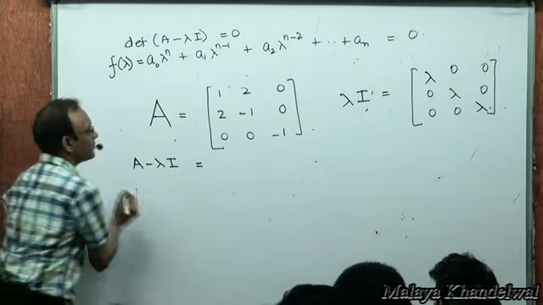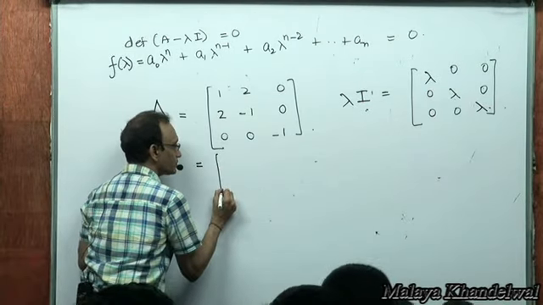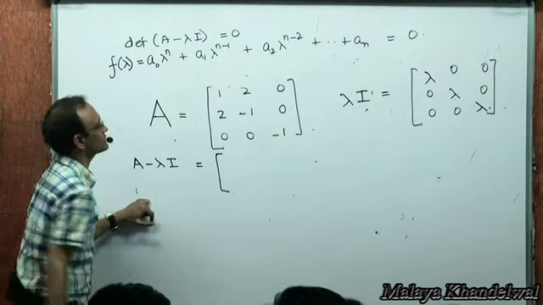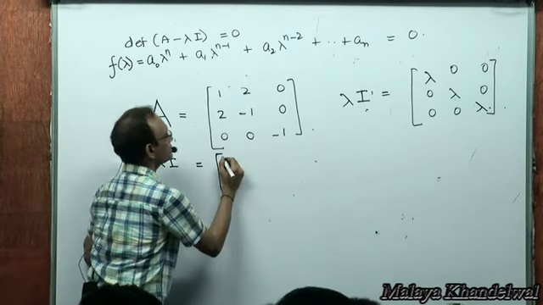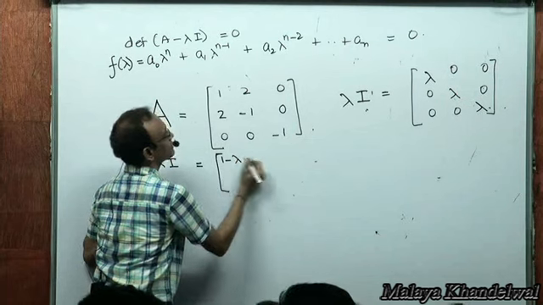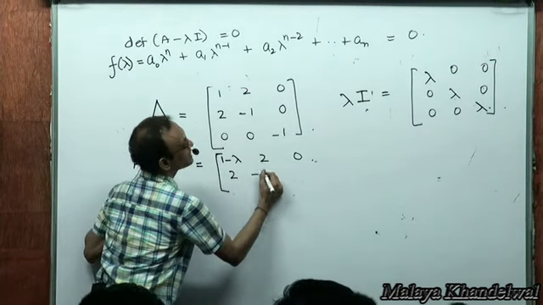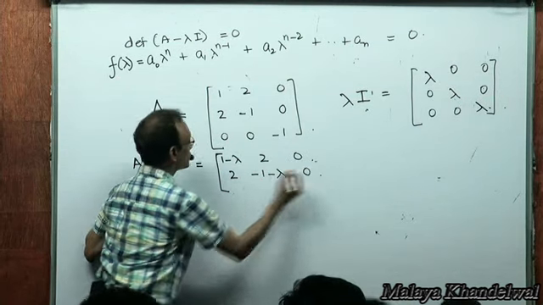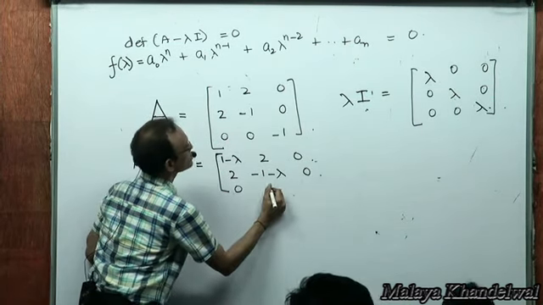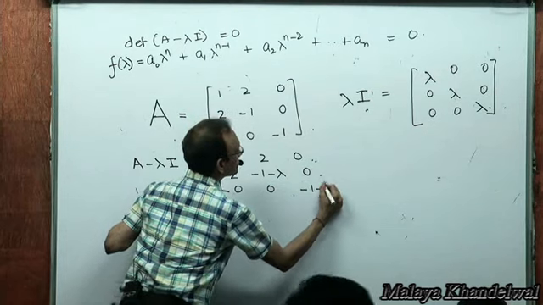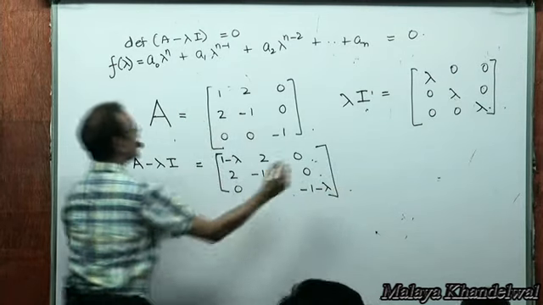So the matrix A minus lambda I is going to be 1 minus lambda, 2, 0, 2, minus 1 minus lambda, 0, 0, 0, minus 1 minus lambda. Yes or no? That's the matrix A minus lambda I.